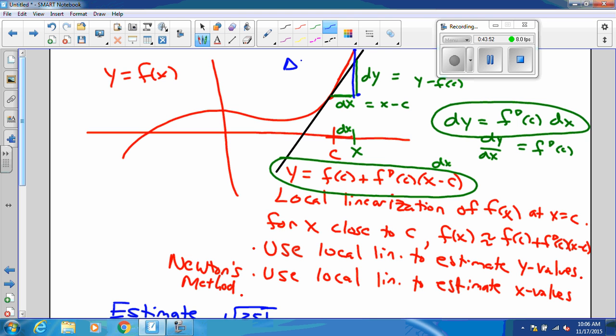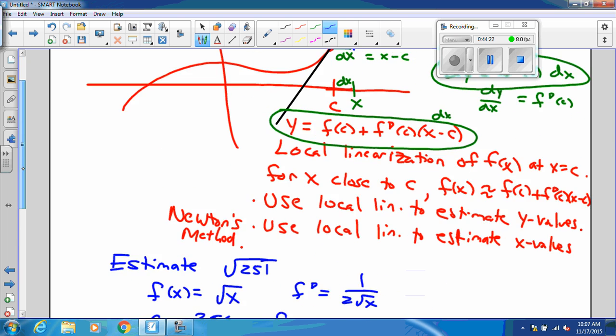Delta y is the actual change in the function. It's going to be f of x minus f of c. And you can see that delta y is not exactly the same quantity as dy, but it's close. And when x is close to c, that difference can be negligible. I can get it to be less than an epsilon for a particular delta y. Does that make sense to everybody?